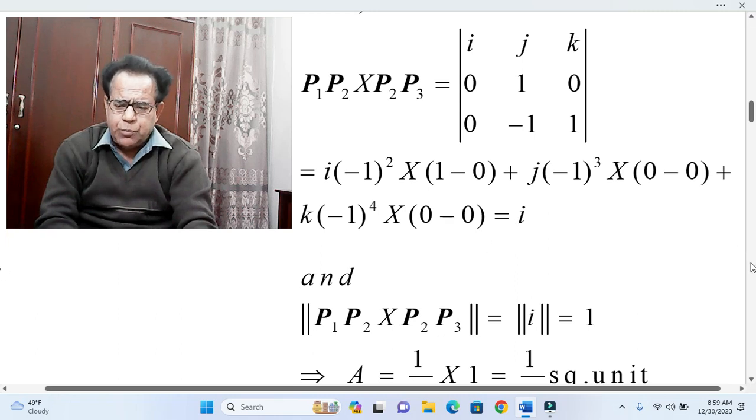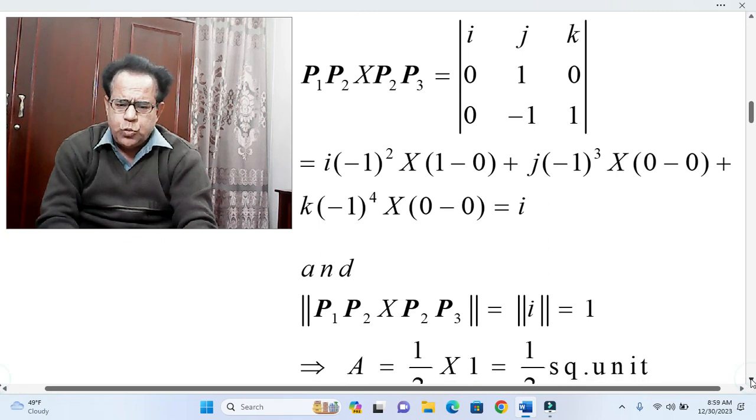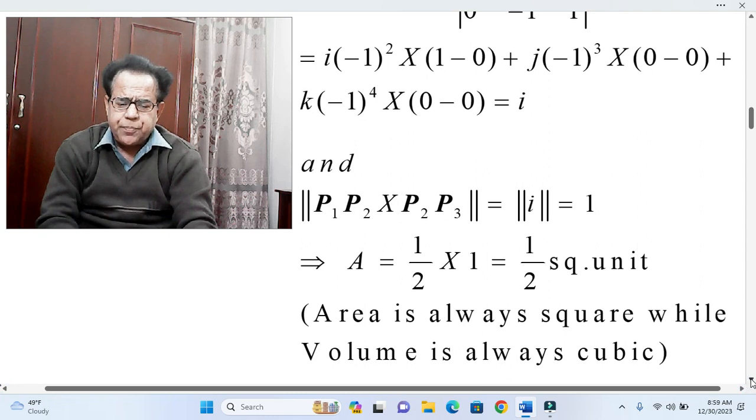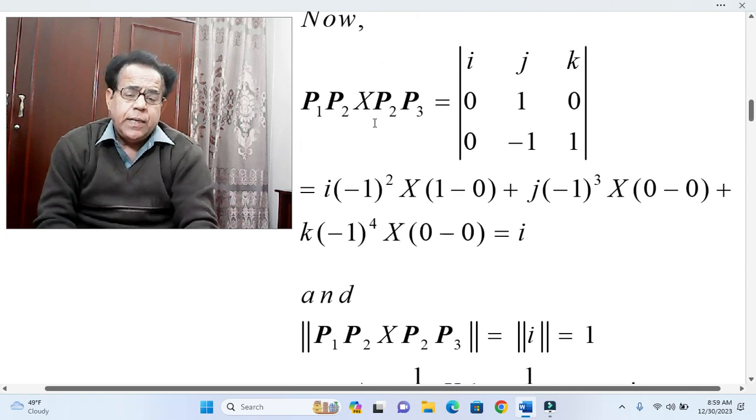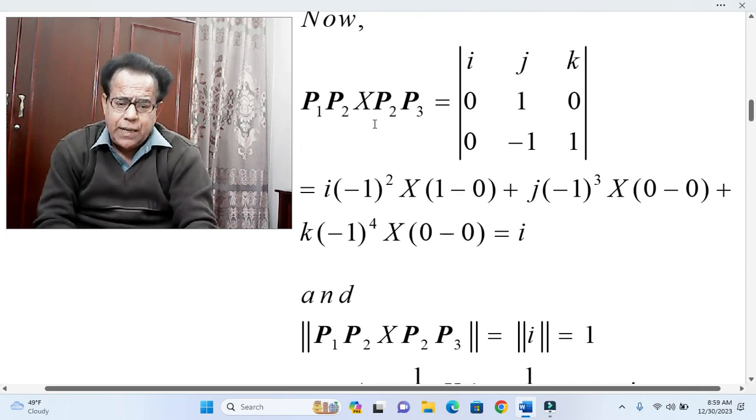And now we come towards the magnitude of P1P2 cross P2P3. Dear students, in the above step we have taken the cross product of these two vectors.